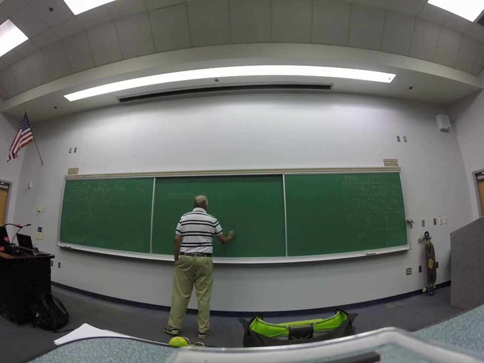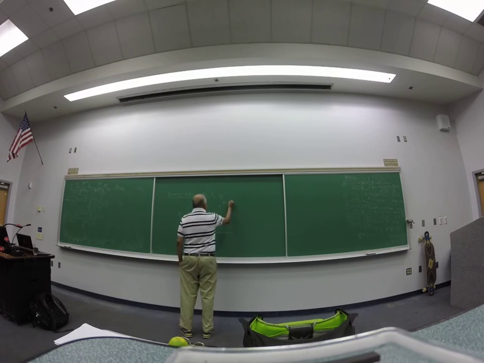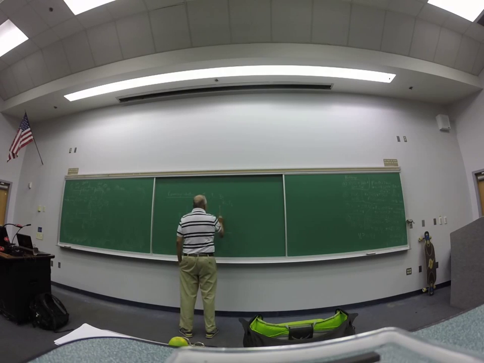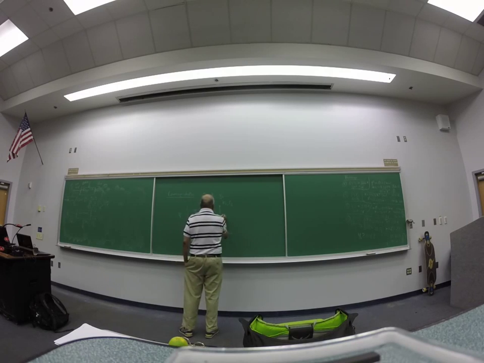Now, you're going from point 1 to point 2. Let's get this straight. I have a PT diagram. I'm going from 1, P1, T1 to P2, T2. I'm going down like this, and like that. Okay, that's the path I'm taking.